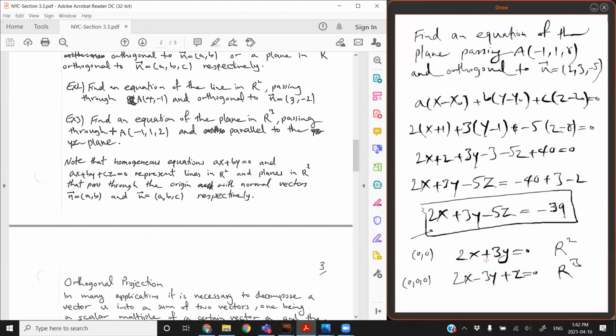So this here is a line that passes through the origin and is perpendicular to the vector 2, 3. And this one would be a plane from R3 that passes through the origin 0, 0, 0 and is perpendicular to the vector 2, negative 3, 1. Just A, B, C.